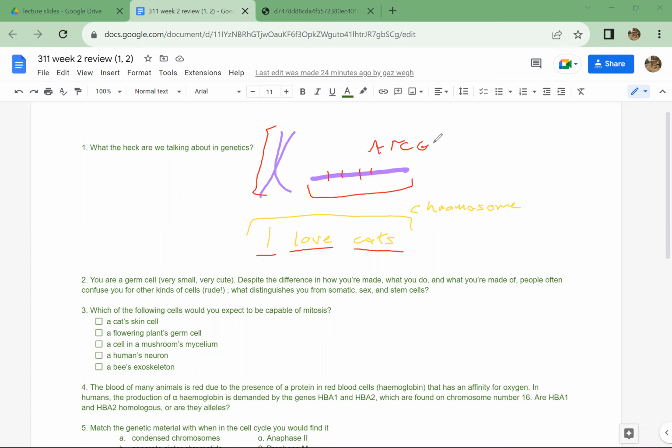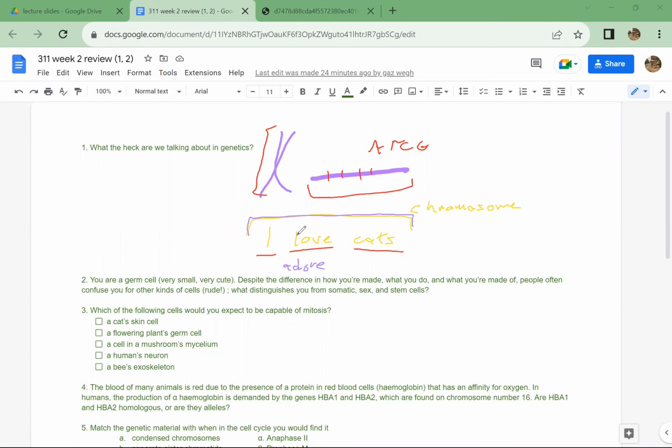And the word love is like an allele. You can probably think of synonyms to the word love that convey a similar meaning. So you could say, I adore cats. This sentence still conveys the same meaning, that I'm very fond of cats.